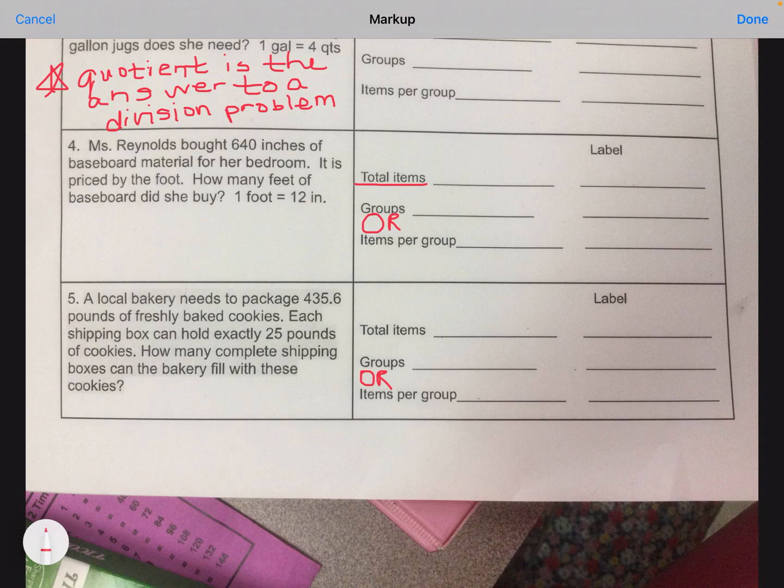It is either the number of groups you have, or it will be the number of items that are in each group, okay? You won't have both numbers because one of the numbers is going to be your answer.